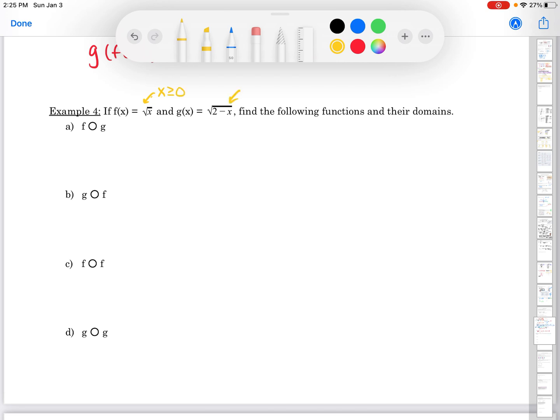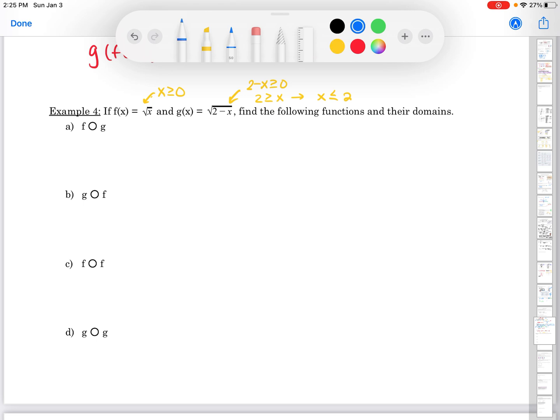In the second one here, we want to make sure that 2 minus x is greater than or equal to 0. So when we work that out, might be easier to just add x to both sides. So that really means that x has to be less than or equal to 2 for this to work. Okay. So depending on the order will really kind of determine what the domain is going to be.